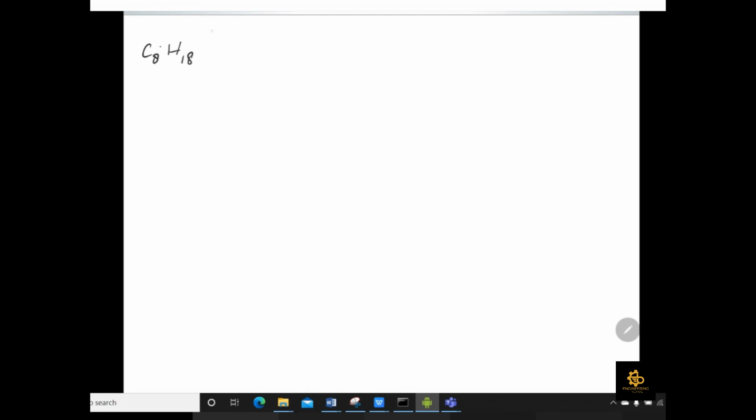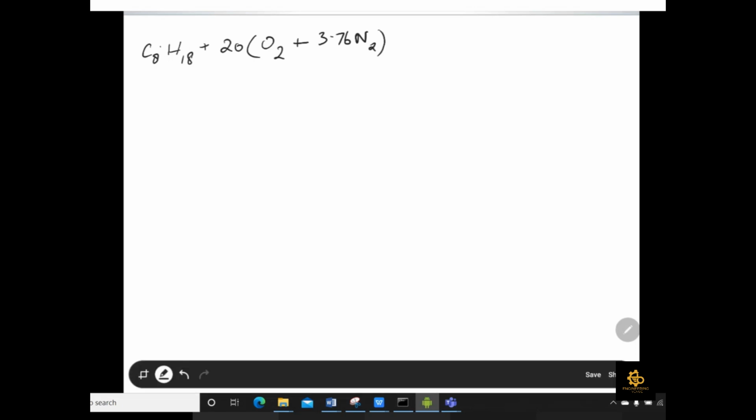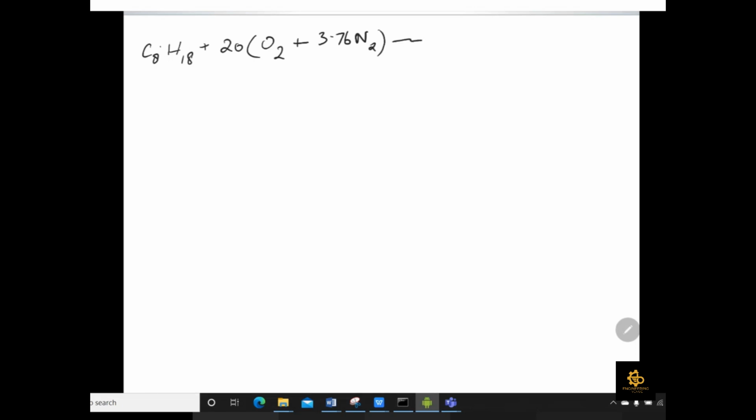The equation becomes C8H18, which is our fuel, plus 20 moles of air. Air is basically a mixture of 1 mole of O2 and 3.76 moles of N2. These are our reactants, and by combustion we get the products.